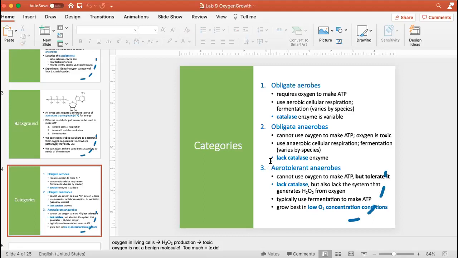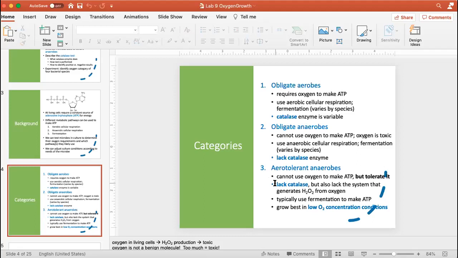Next on the list is a group called Tolerant Anaerobes. So again, the anaerobe tells you no oxygen, but they're also aerotolerant. So these are organisms that don't use oxygen to make ATP, but to them, oxygen is not toxic. They can tolerate oxygen. They're not going to use it, but it's not going to kill them.